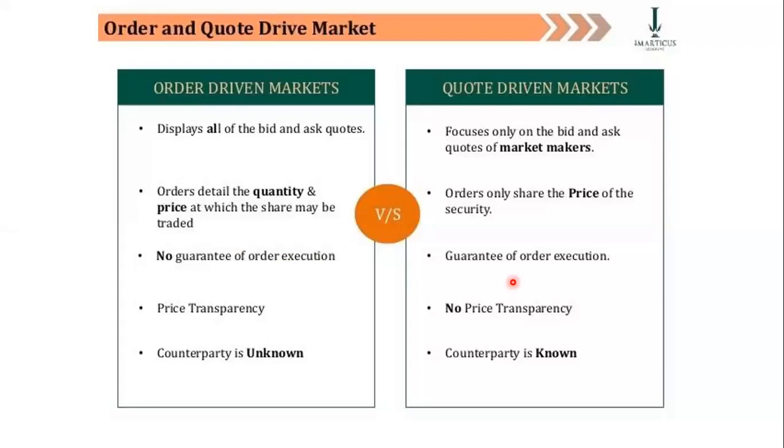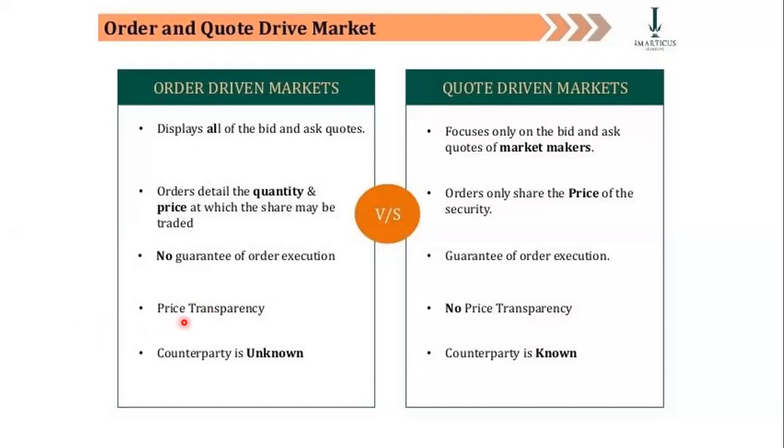In the quote-driven market, there is a guarantee of order execution. You can find more dominance from intermediaries and market makers, so it has more chance to execute the order as quickly as possible.